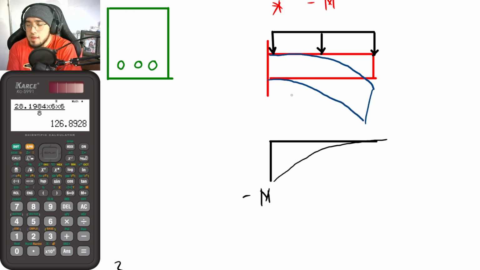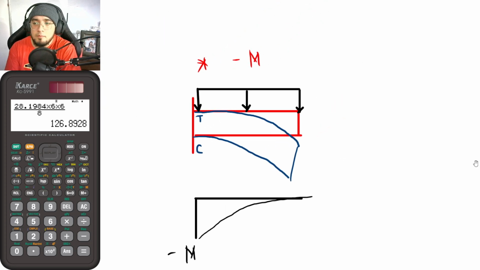And just by looking at this figure, the one on top will be the one subjected to tensile forces or tensile stress, and the one at the bottom is for compression. So once again, this is for compression, and this is for tension. So since the tension side is at the top, meaning that in your design, we'll be designing it in such a way that the rebars must be on top.